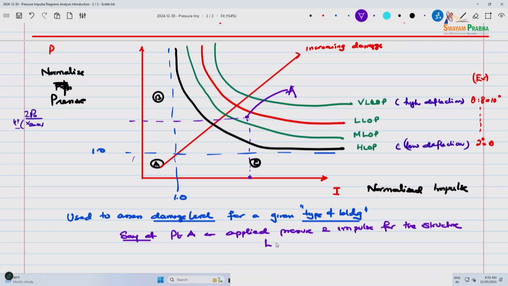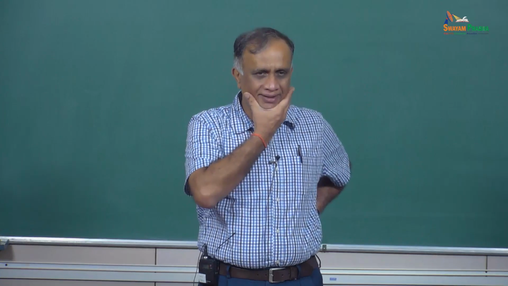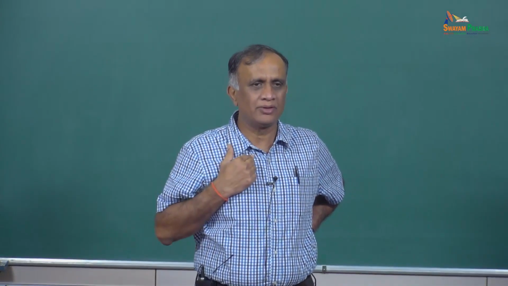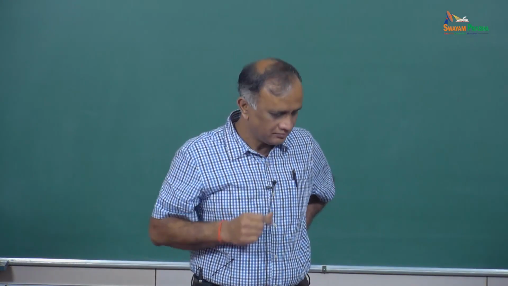Then for the level of protection, you would go with the low level of protection. It is higher than M, lesser than L. So you go to the next level of protection. If you want to increase the level of protection, either you have to push the barriers away or you have to strengthen the structure.